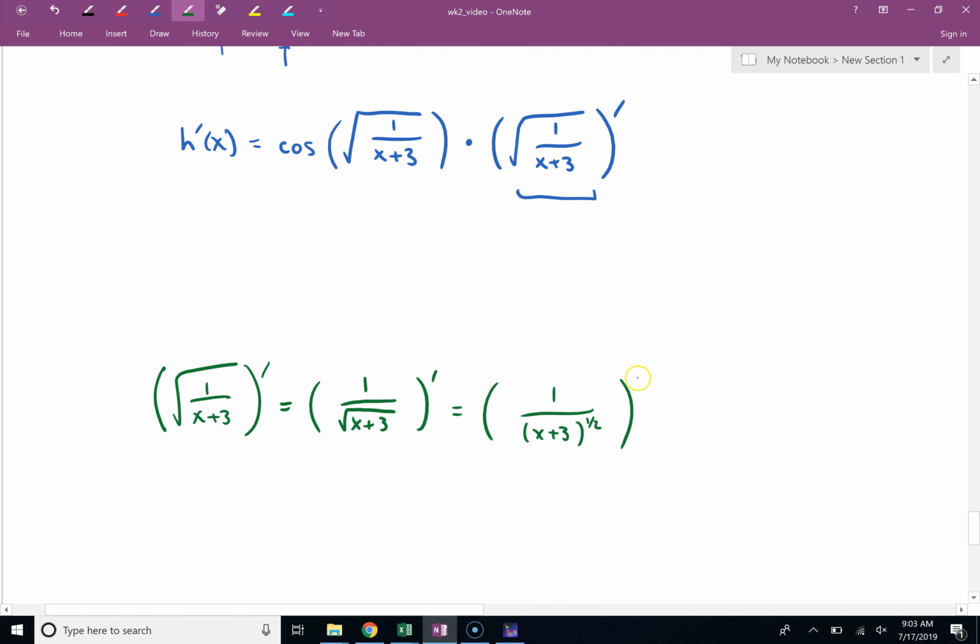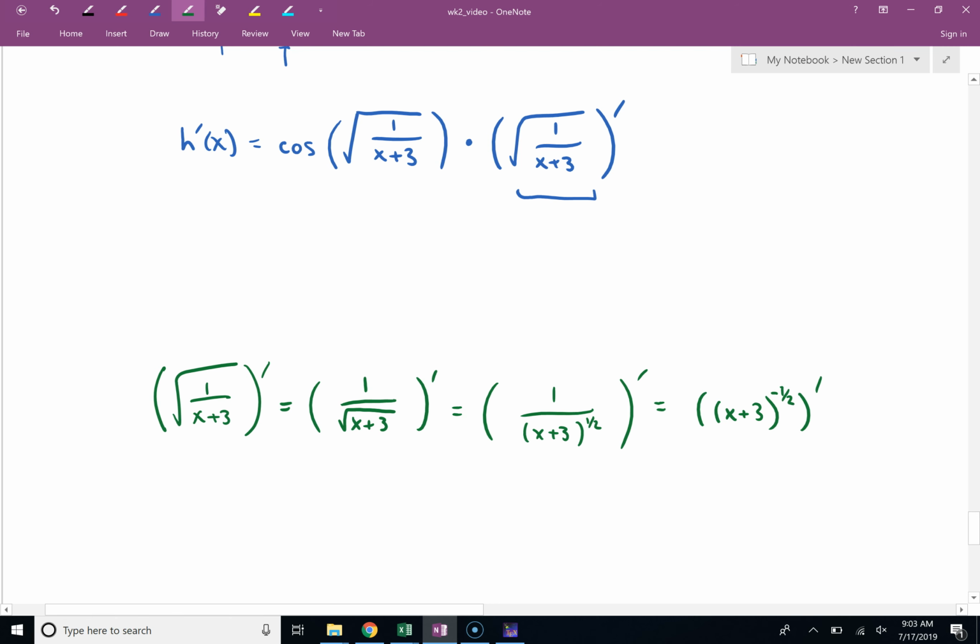And then finally, if you have something in the denominator, you're allowed to bring it up into the numerator, but it costs you a negative sign. So I'm going to rewrite this one last time as x plus 3 raised to the negative 1/2 power, and I'm bringing that up into the numerator.